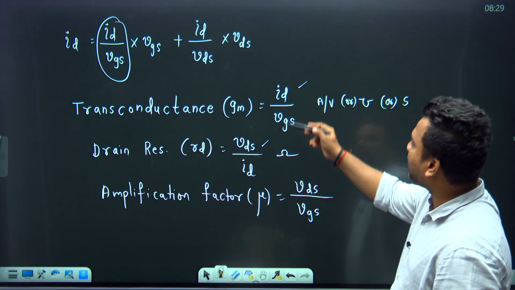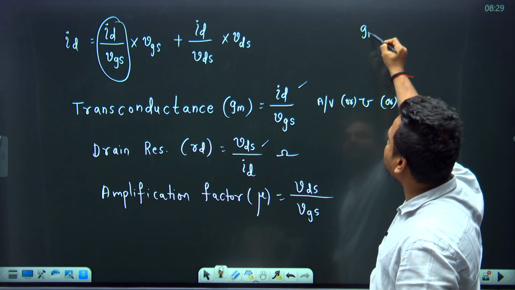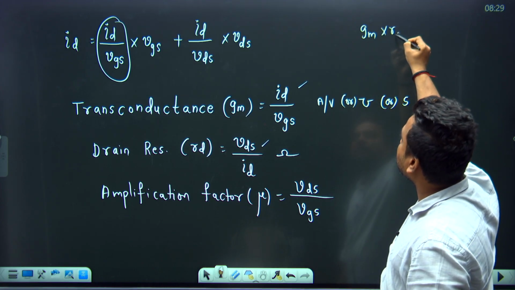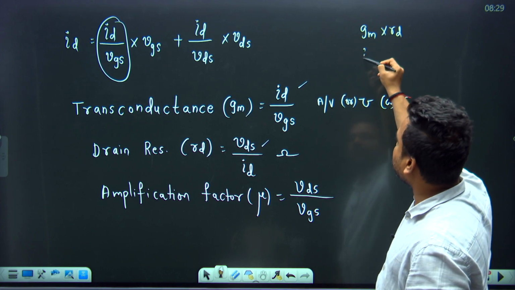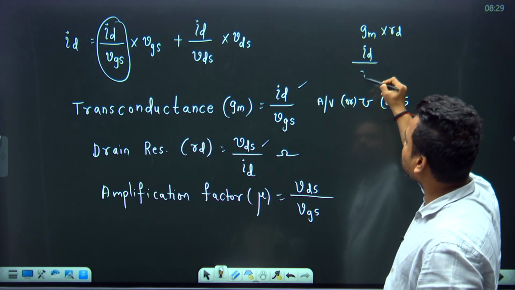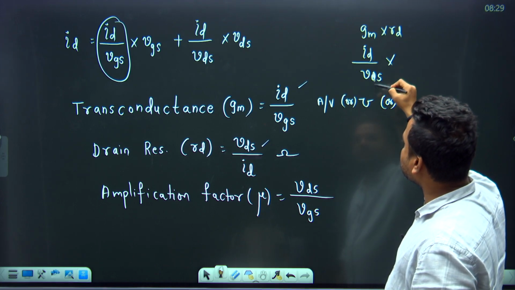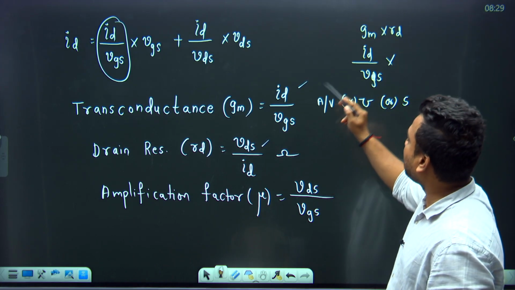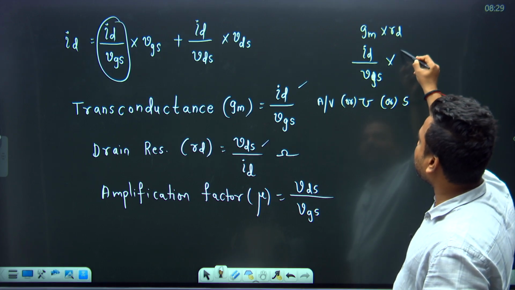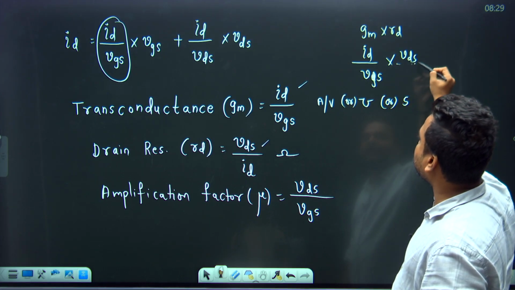You take these two parameters, GM into RD, where GM is ID by VGS and RD is VDS by ID.